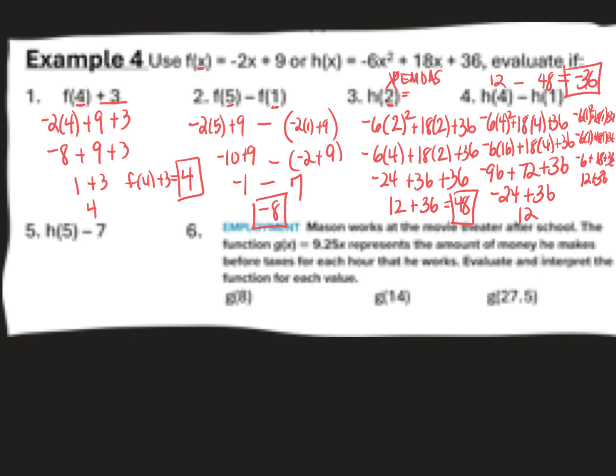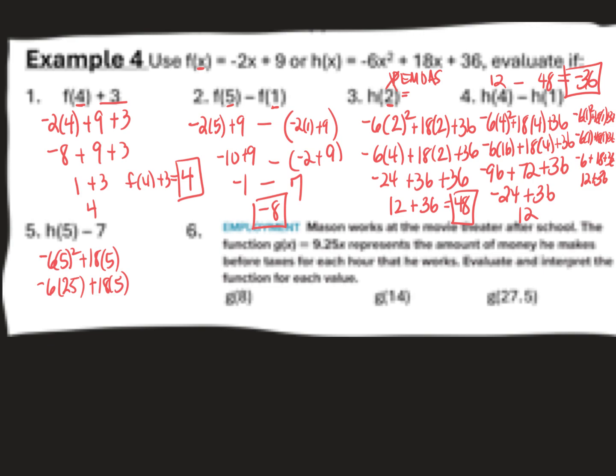So h of 5: negative 6 times 5 squared plus 18 times 5 minus 7. So negative 6 times 25 plus 18 times 5. I'm about to make another mistake. Hold on.